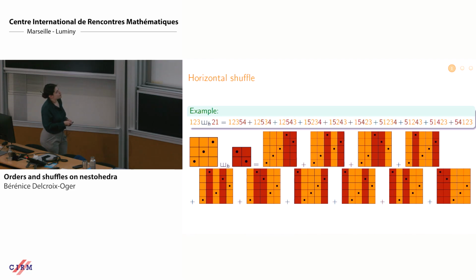Why horizontal shuffle? Because we can represent permutations as tables, and horizontal shuffle is just a shuffle of columns of these tables.